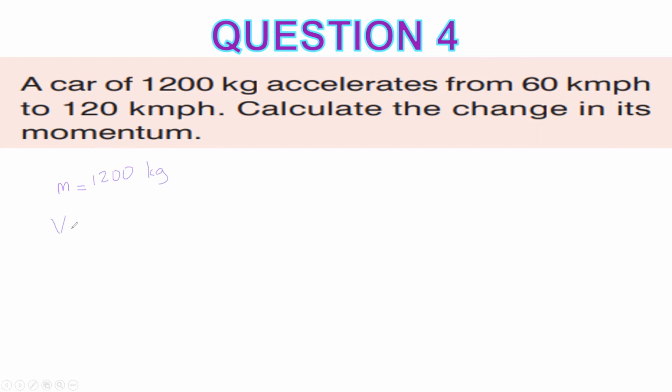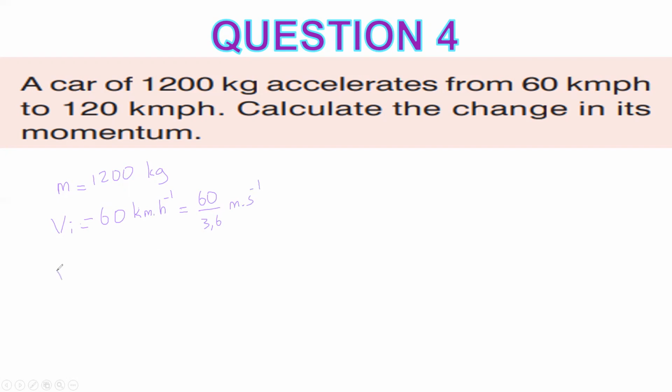V initial is equal to 60 kilometer per hour, but we must convert it, of course. From kilometer per hour to meter per second, you know, divide by 3.6. 60 over 3.6. What we said, just leave it like that. Don't touch it. Because if you calculate, you're going to get a long decimal.